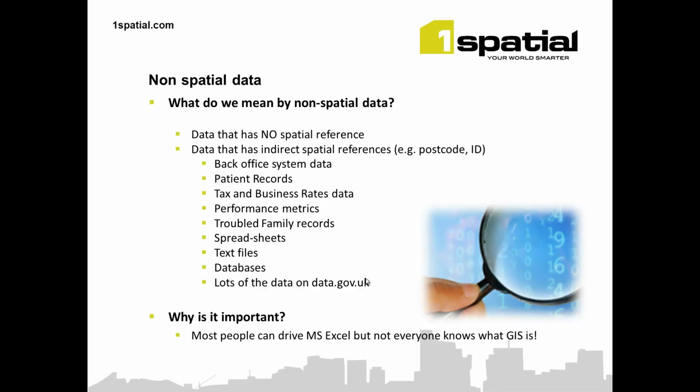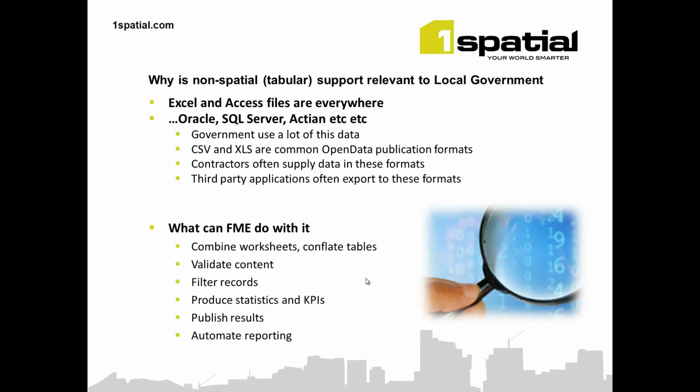And you can read content from all sorts of places, so databases, text files, spreadsheets. Work with different types of content, whether it is patient records in a hospital scenario, or taxation and business rate information in a local government scenario. What government does with this kind of content is process a huge amount of it, and a lot of data ends up in a non-spatial format when it goes out to be open data.